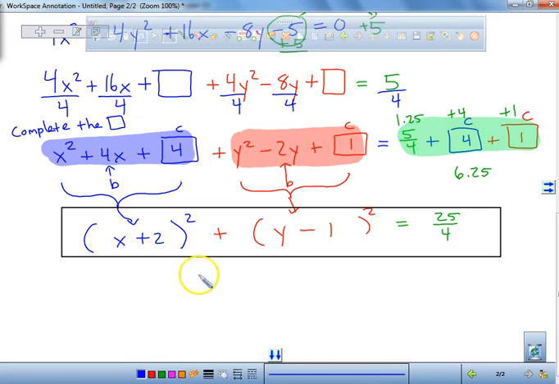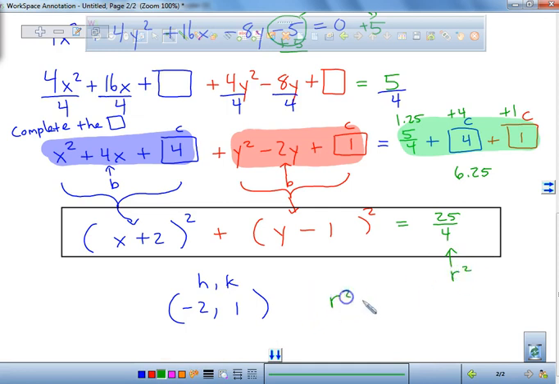All right, everybody. We now have the center of our circle, which is the h, k value. Now, what number plus 2 gets us equal to 0? Negative 2. And what number minus 1 would get us back to 0? 1. And what is this guy actually equal to? That's r squared.